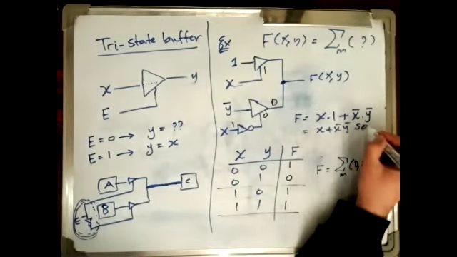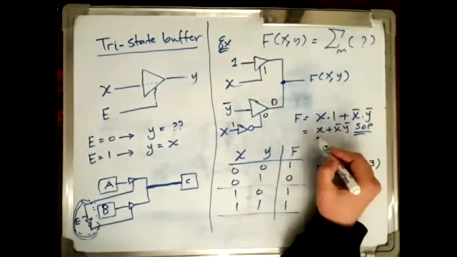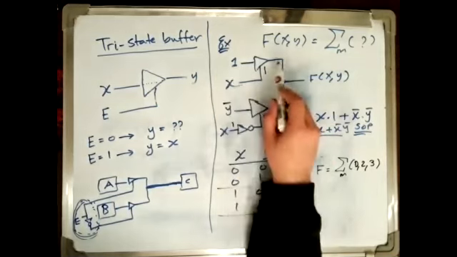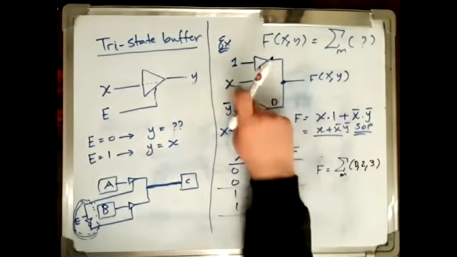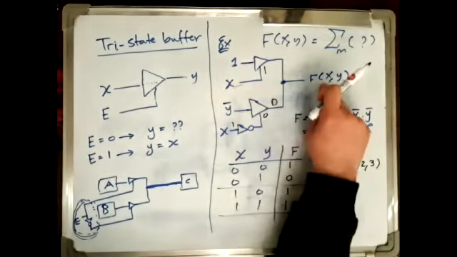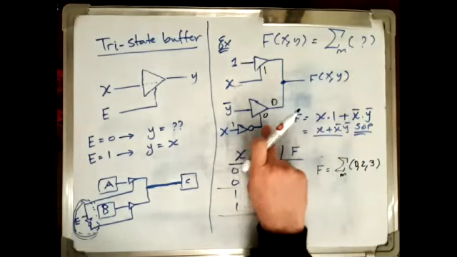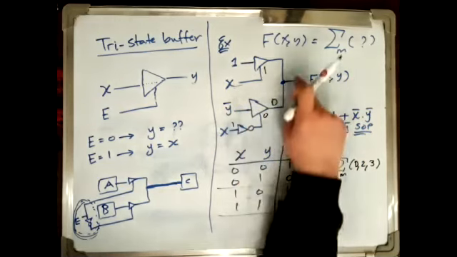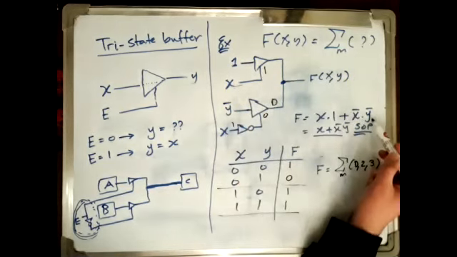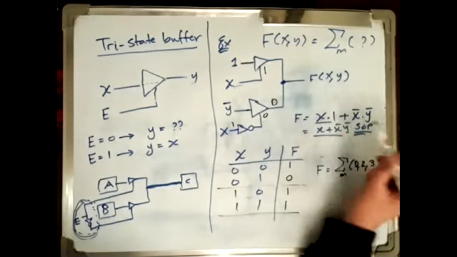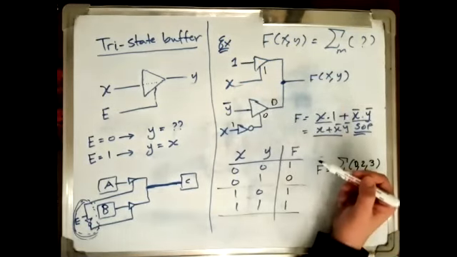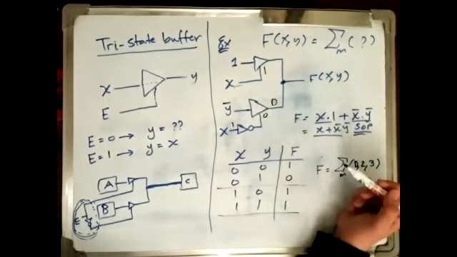But this is as a sum of product, of course. And how did I get this expression? Simply, I said, when X is 1, 1 passes through. So it is something like an AND gate. X and 1 will be F. Or when X is 0, Y bar passes through. So it is X bar and Y bar. So this is the condition imposed by the first tri-state buffer, and this is the condition imposed by the second tri-state buffer.